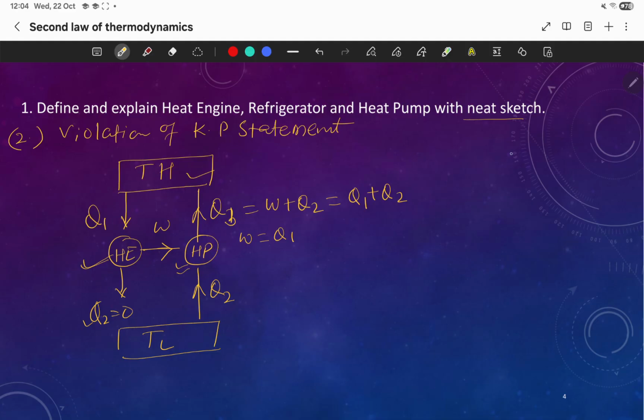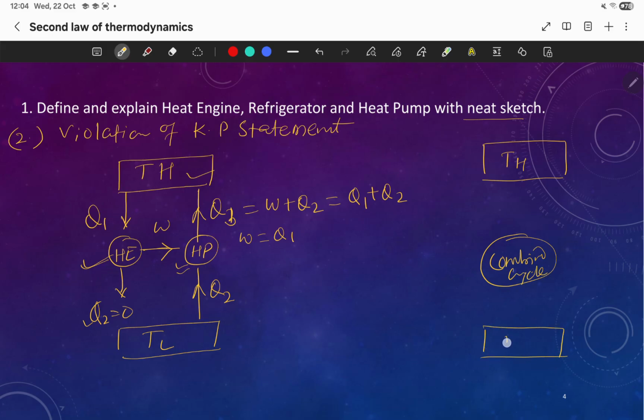Now if I make one final combined cycle, here we have the lower temperature and this is the higher temperature.